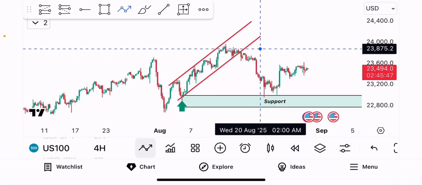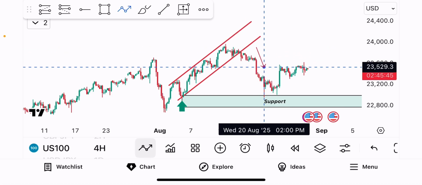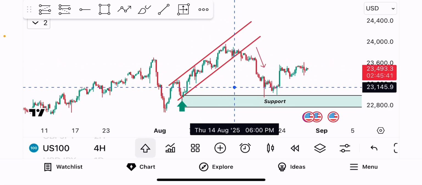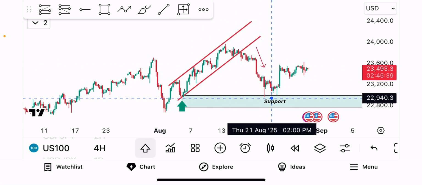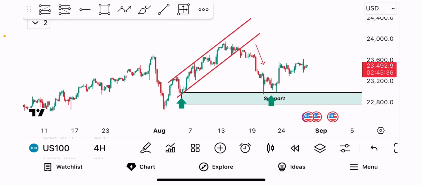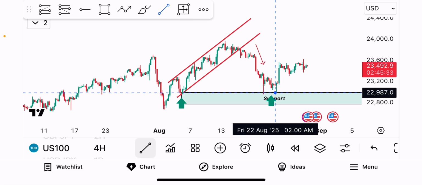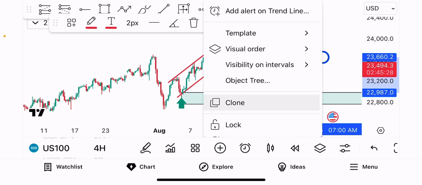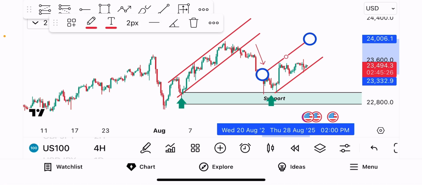And as it got broken to the downside, as we see here, price rebounded again for the second time, as we can see here, around the $22,940 level. So as it rebounded, it started to develop another local bullish trend, as we can see.